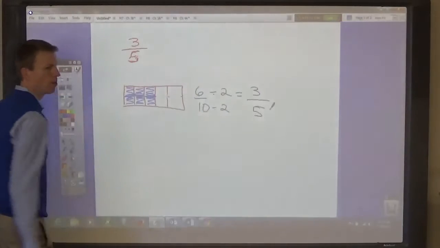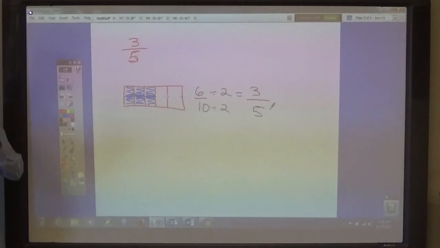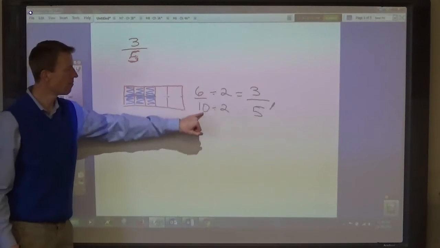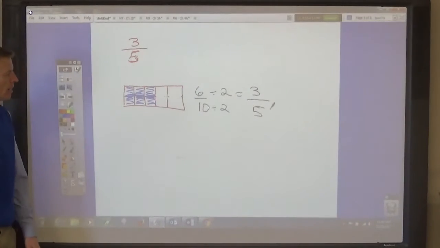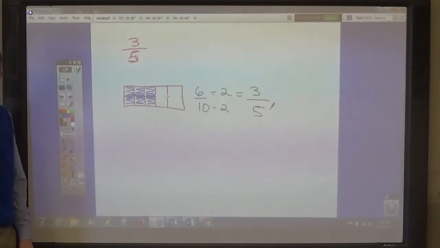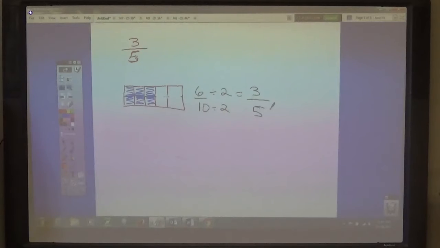If you divide them both by the same number, you're putting them together. Okay? Does that make sense? Because 6/10 divided by 2 is 3/5. So they're equal amounts. Okay? Let's try some from your assignment.